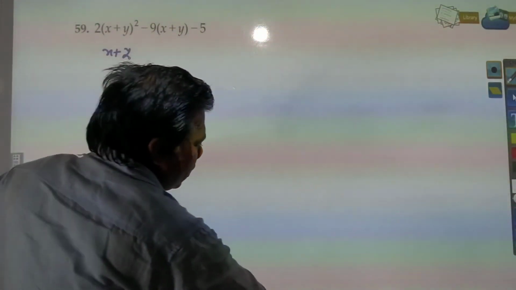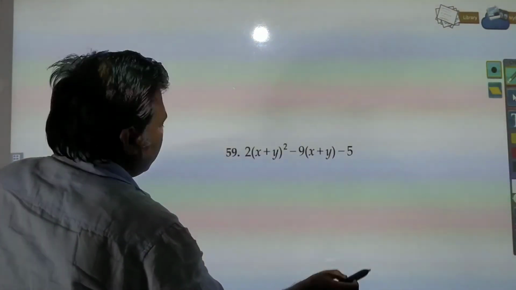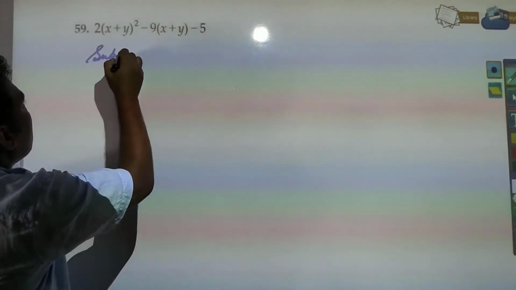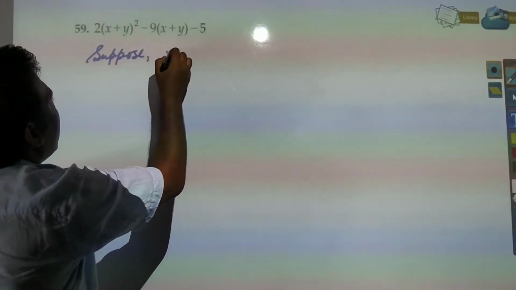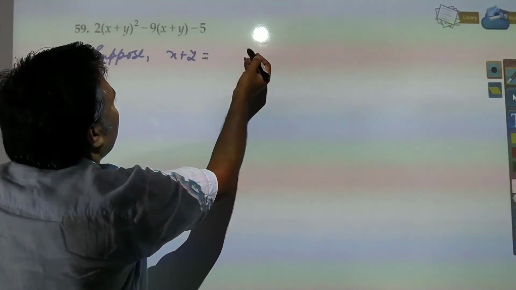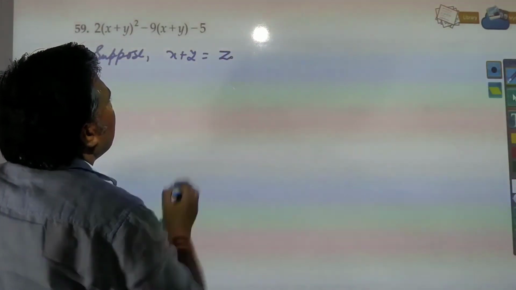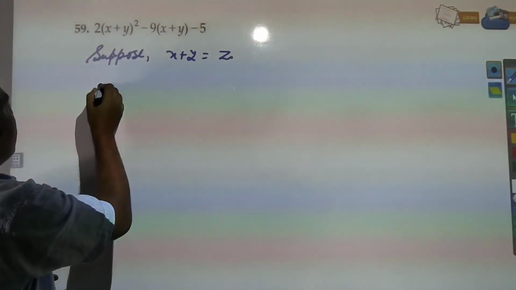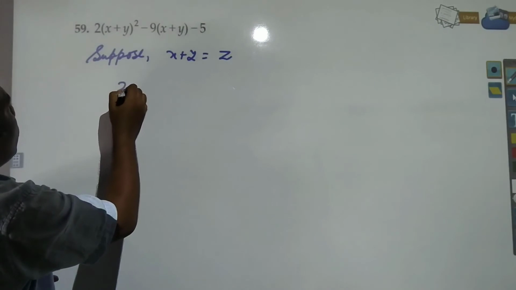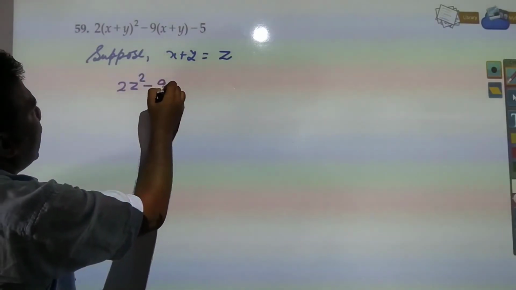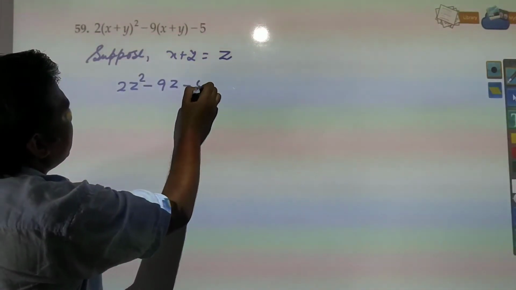We will write: suppose x + y is equal to z. So this expression will now become 2z² − 9z − 5.